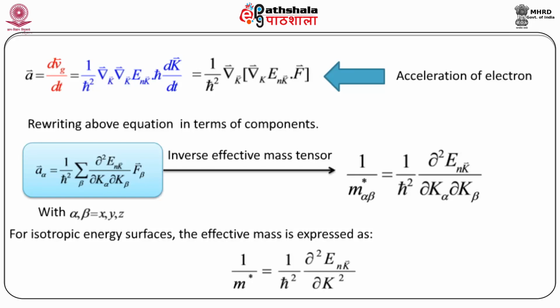For isotropic energy surfaces, the effective mass is expressed very simply as 1 divided by m* is equal to 1/h-bar squared times the double partial derivative of E(k) with respect to k. So you see here that for an isotropic energy surface it is no longer a tensor and it's the same in all three directions.